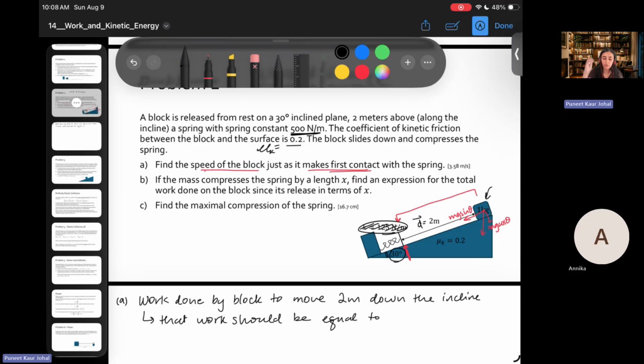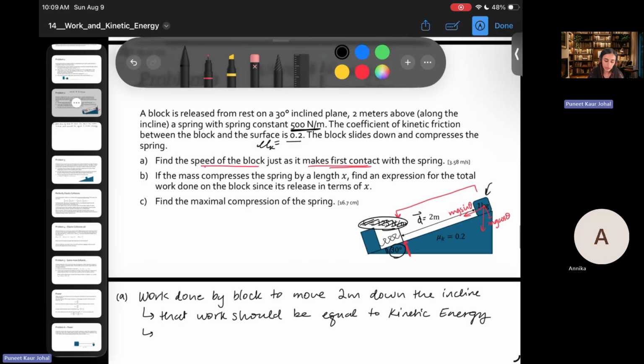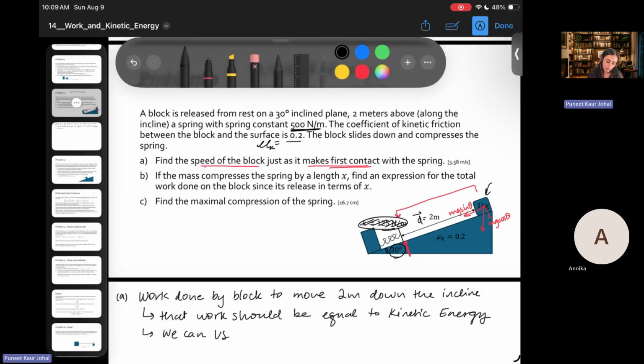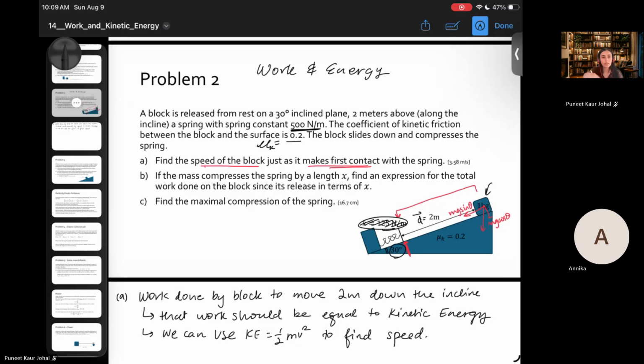Initially the box didn't have a velocity, it was released from rest. So that should be equal to its kinetic energy when it makes contact with the spring. And then we can use kinetic energy equals half mv squared to find the speed. Are we good with that logic?